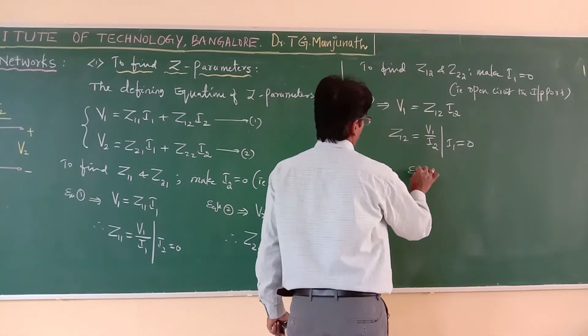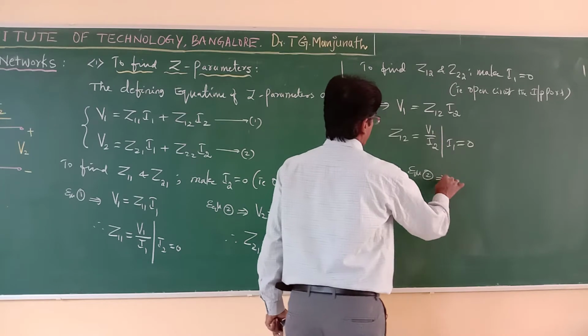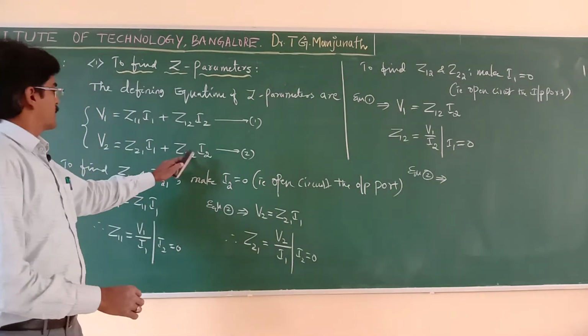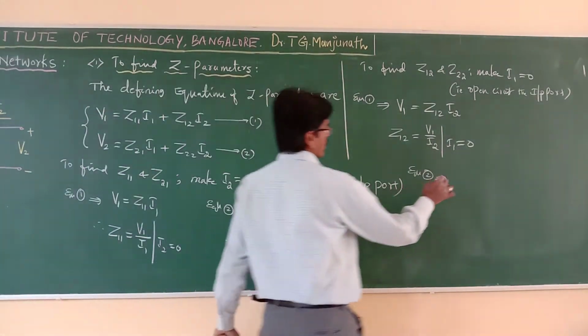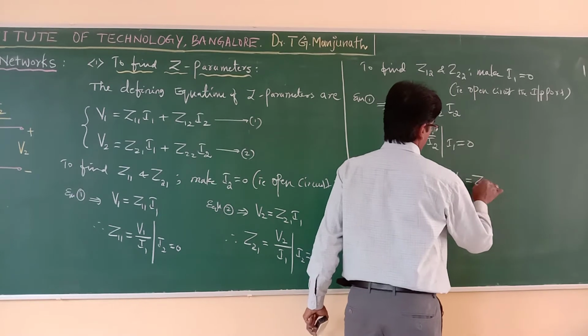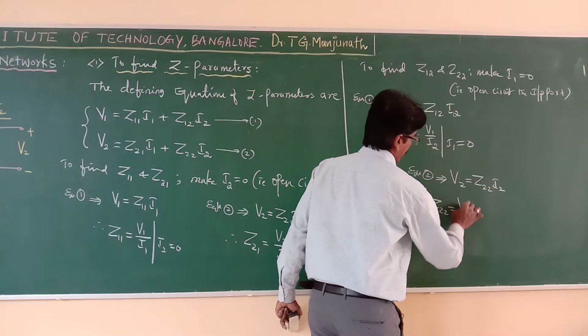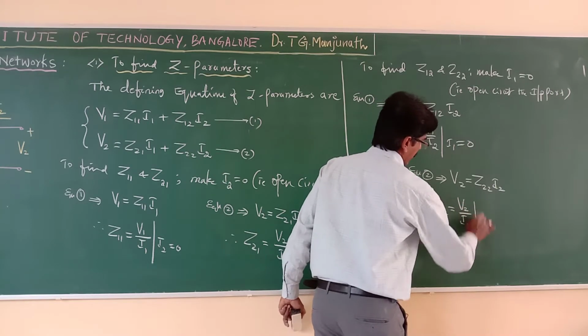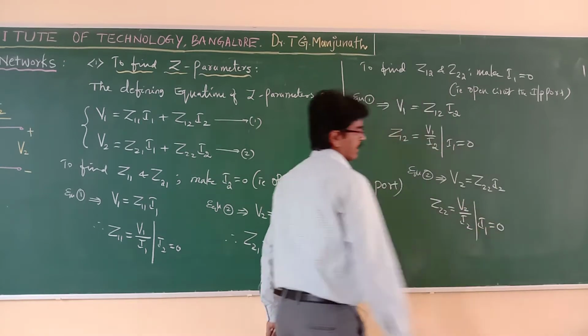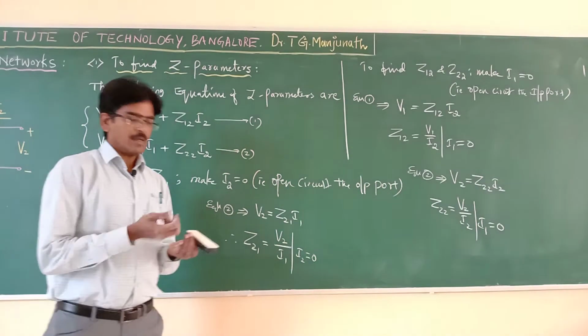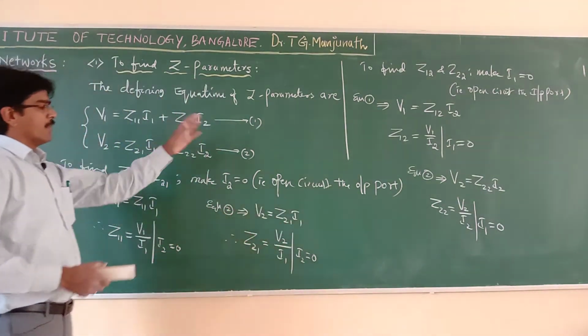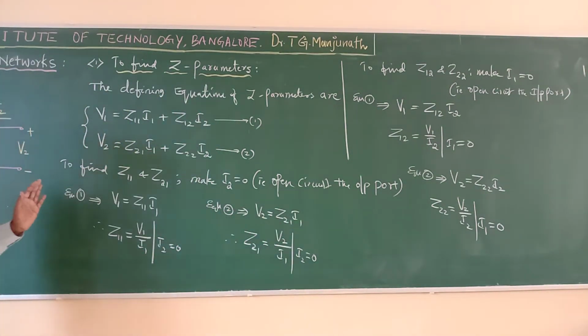Similarly, equation 2 becomes V2 is equal to Z22 I2. Therefore, Z22 is equal to V2 by I2 at I1 equal to 0. That's all. Now you have all the parameters.